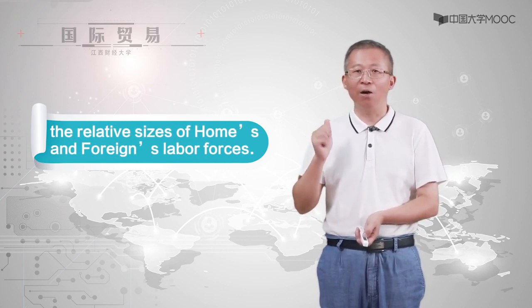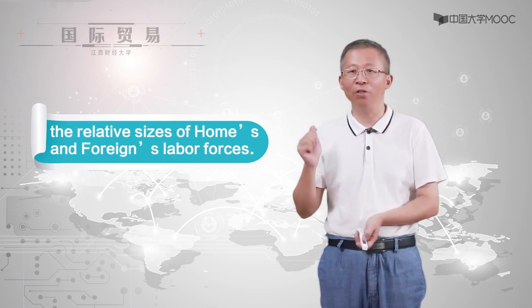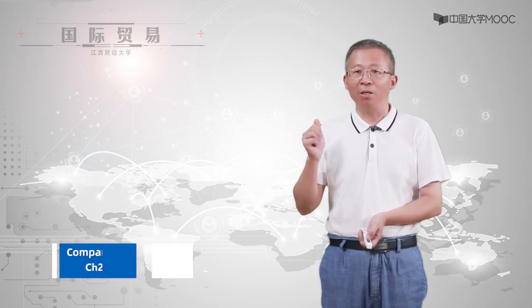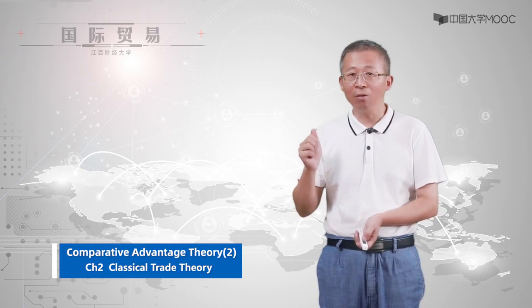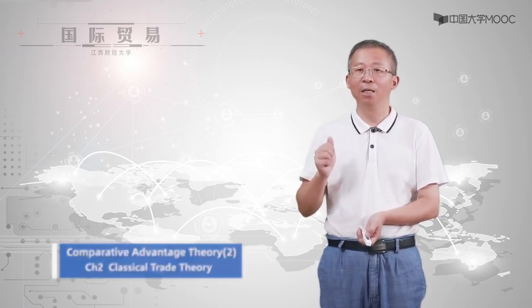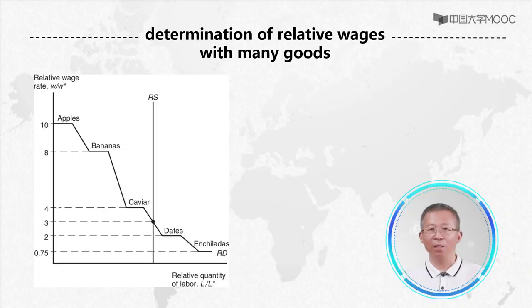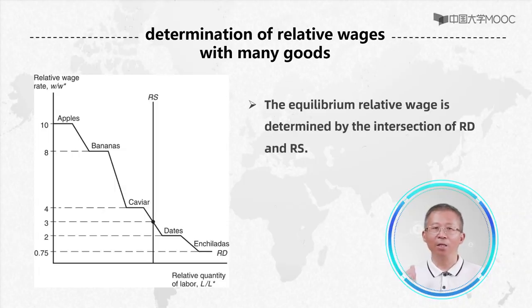The relative supply of labor is determined by the relative size of home and foreign labor forces, assuming that the number of person hours available does not vary with wage. The relative wage has no effect on relative labor supply, and the RS is a vertical line. The equilibrium relative wage is determined by the intersection of RD and RS.